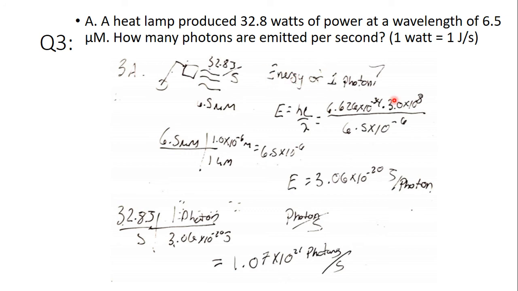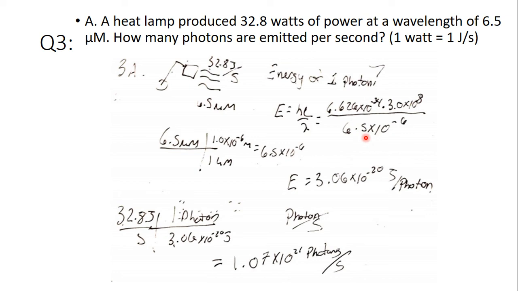The first thing I wanted to find out is what is the energy of one photon? And here we have to use a slightly different equation. The energy of one photon, E, equals Planck's constant, h, which is just a constant, multiplied by the speed of light, divided by the wavelength of that light. I'm in micrometers. I want to be in meters. So that's 6.5 times 10 to the minus 6 meters.